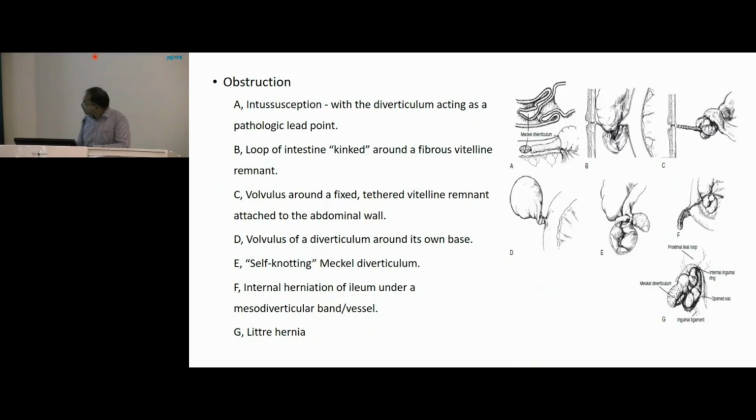A loop of intestine can kink around the fibrous vitelline remnant, volvulus can occur around the vitellointestinal duct or around the Meckel's diverticulum, and self-knotting of the Meckel's diverticulum may also lead to obstruction. Internal herniation of the ileum under the mesodiverticular band or vessel can also lead to obstruction, and so can Littre's hernia. Littre's hernia is a form of indirect inguinal hernia where the content of the hernia is a Meckel's diverticulum. So Meckel's diverticulum becomes the content and may lead to obstruction of the bowel.